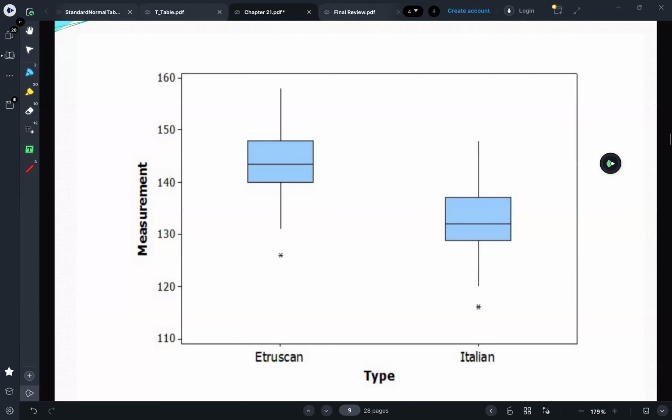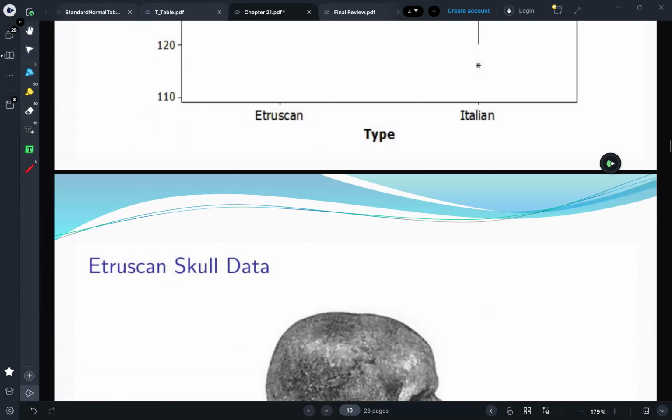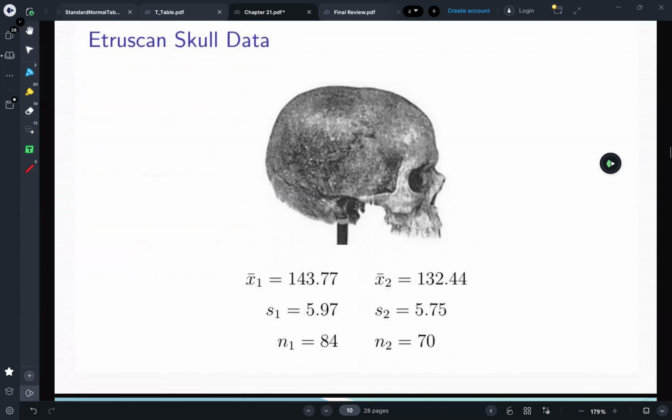There's an outlier for each population. And the Italians have lower, smaller skull sizes. So we're already suspicious that there will be a difference in the measurements. How do we know? We collect the data.